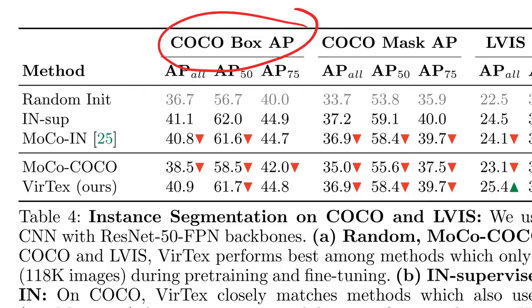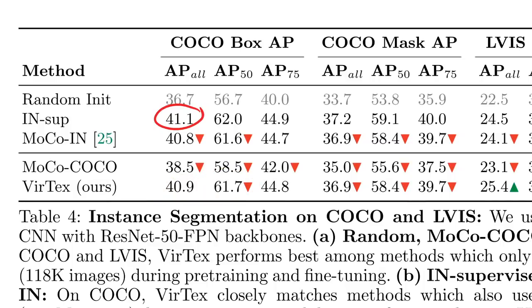There are several tasks on COCO. One of them is image captioning, which they use for pre-training. If you do other tasks on COCO, you can see right here that compared to the supervised baseline, this VirTex performs about the same or maybe a bit worse.